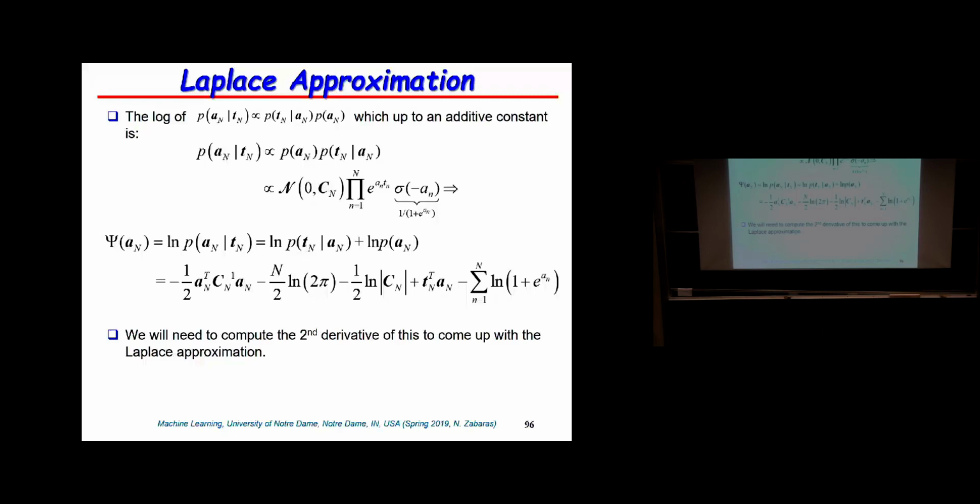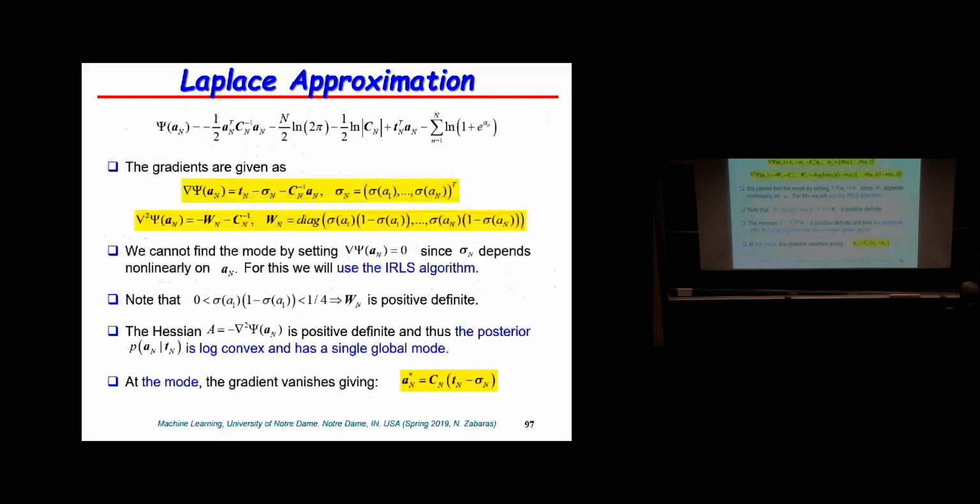So effectively, the log of that distribution looks like this. We will need to find the first derivative and set it to 0 to find the mode. The bad news is that when you set it to 0, the formula can only be solved iteratively. That's one thing. And when you compute the Hessian, it comes out that the Hessian will also require an iterative type of calculation. And is this a big deal?